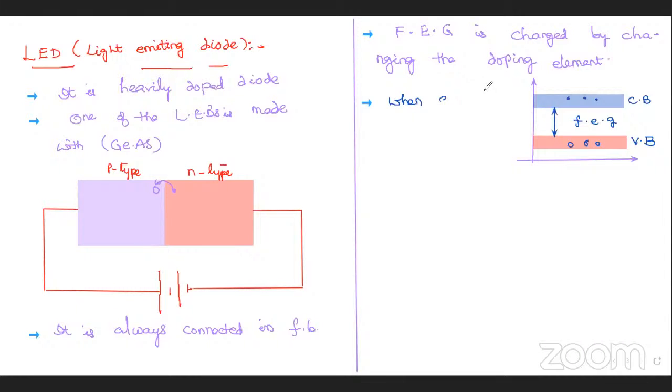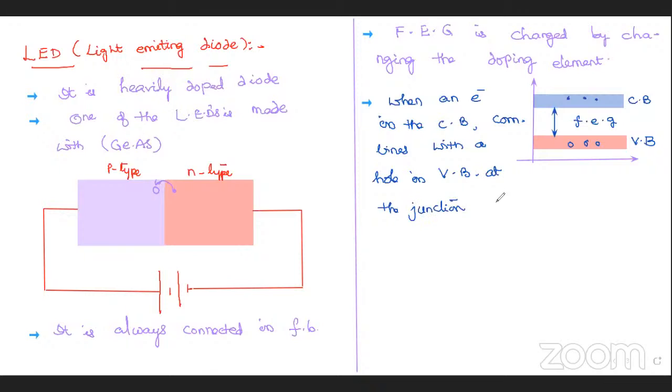So that point I'm writing here. When an electron in the conduction band combines with a hole in the valence band at the junction, then energy will be released.